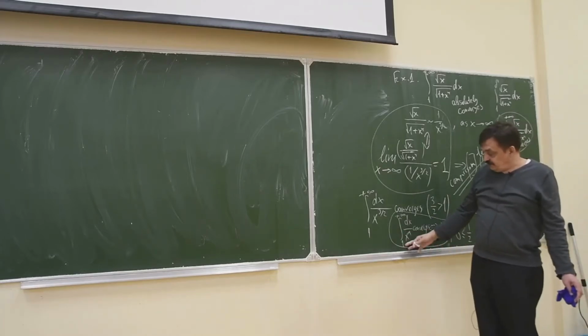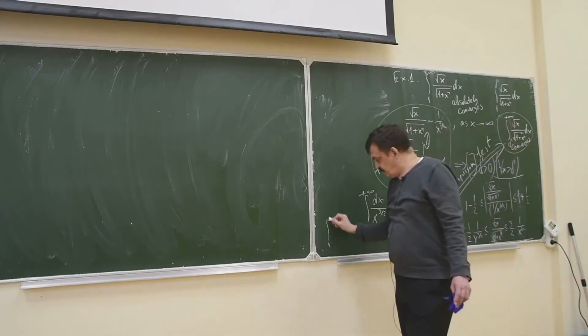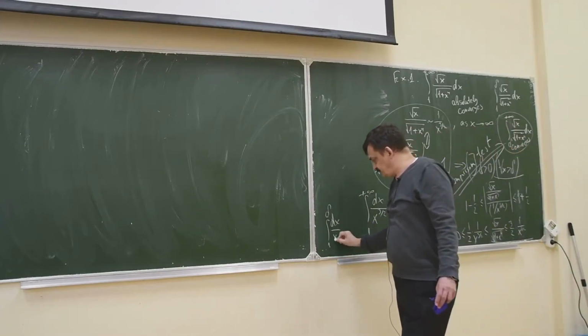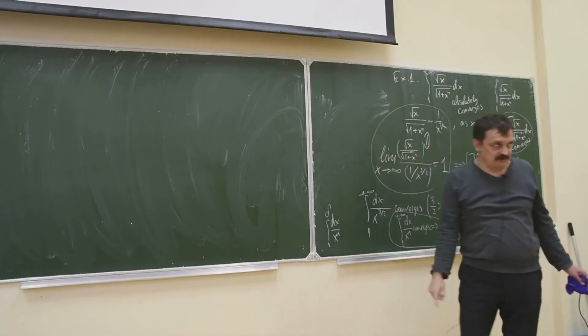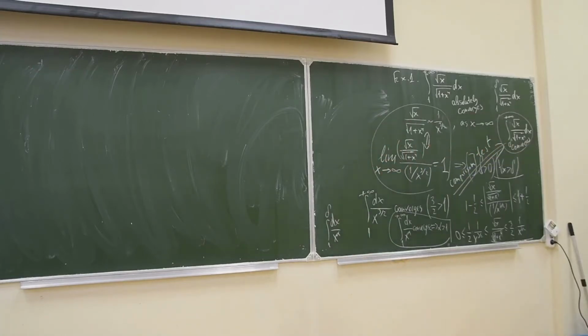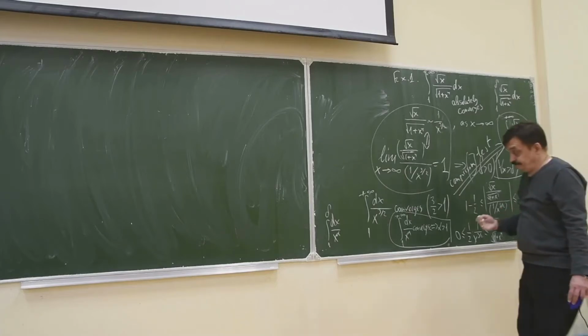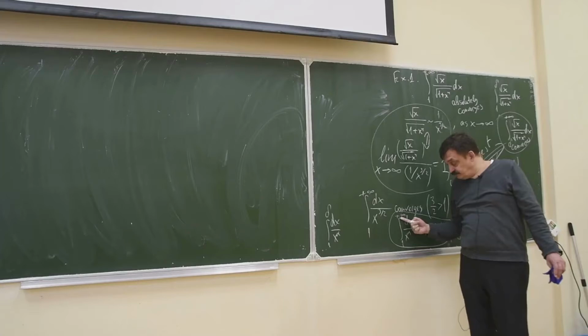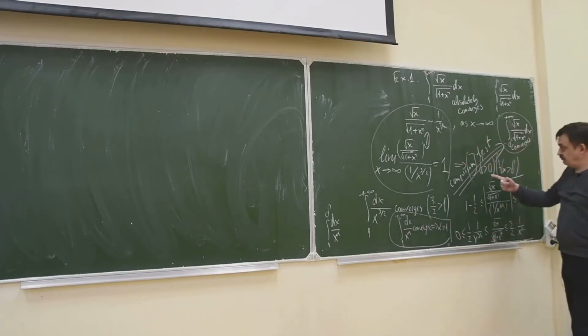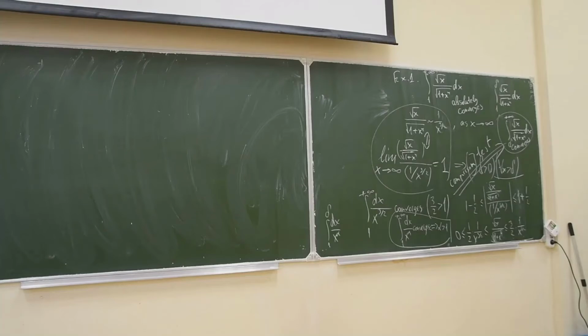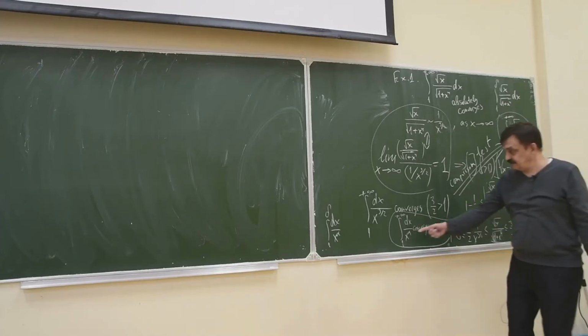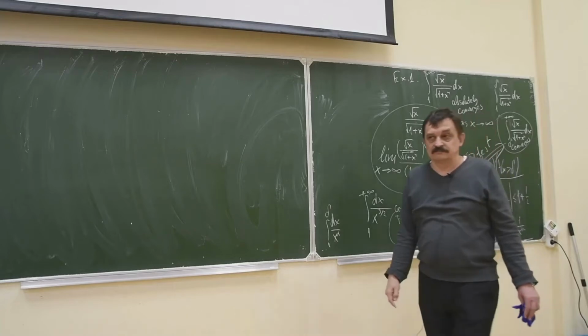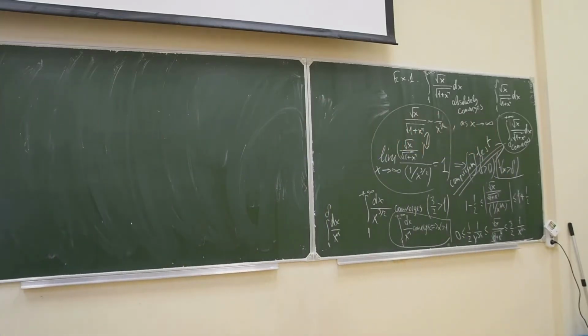Same situation here. From 1 to delta, the integral dx over x to the power alpha is a finite number. So it doesn't matter. Either we consider the integral from 1 to plus infinity or the integral from a positive delta to plus infinity. Those are absolutely equivalent things. Why? Because the integral from 1 to delta is a constant. That is why we don't care about it.